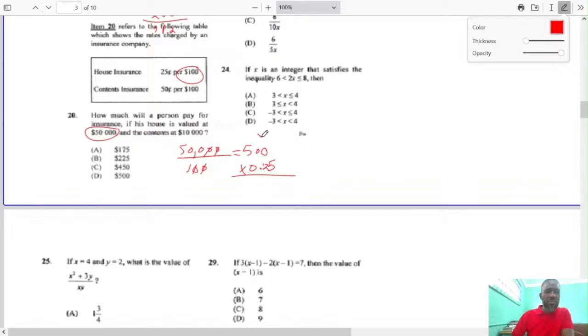All right. So 5 times 25 will give us 125. We agree? So that's 125.